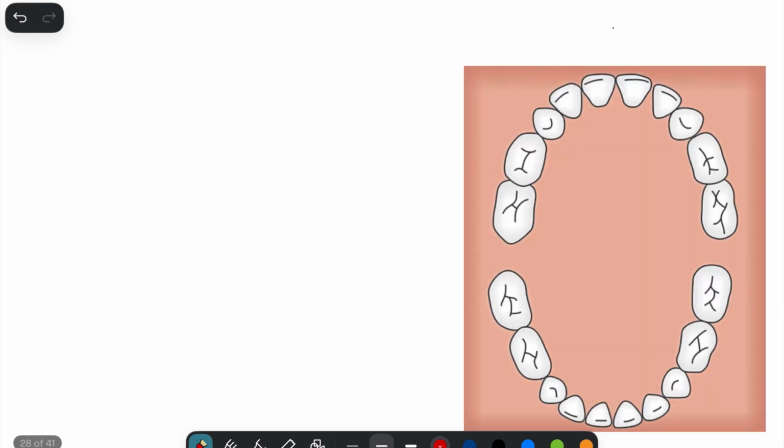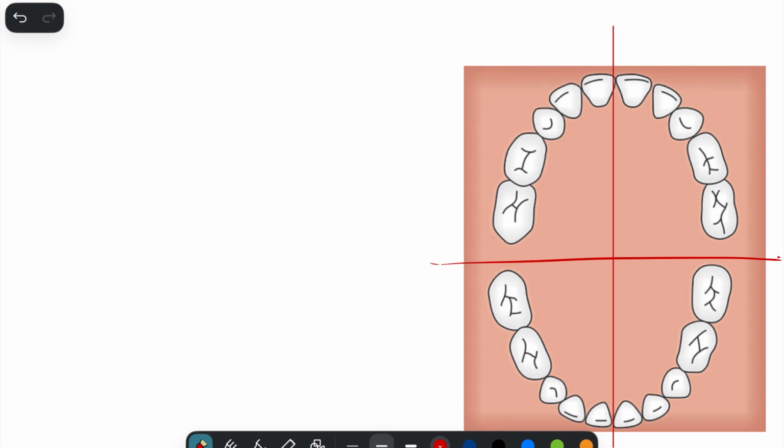Now let's move on to the primary dentition. Primary teeth also use two digits, but the quadrant numbers are different here. Let me draw a horizontal line to separate our arches and a vertical line to separate the right and left side.